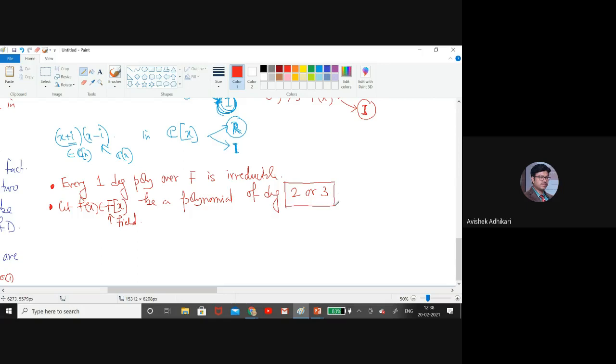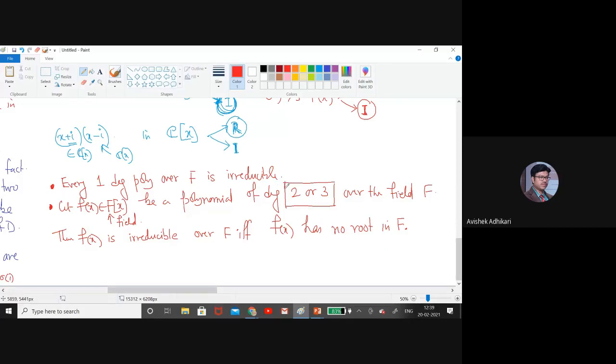This result is true only for degree 2 or 3 over the field F. Then f(x) is irreducible over F if and only if f(x) has no root in F. It says that f(x) is irreducible over F if and only if f(x) has no root in F.